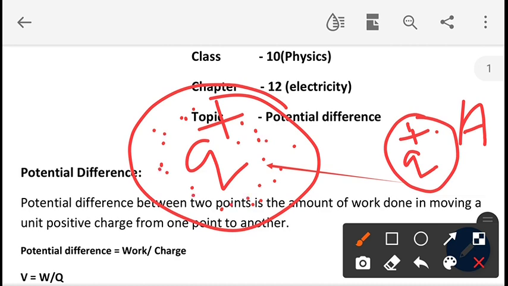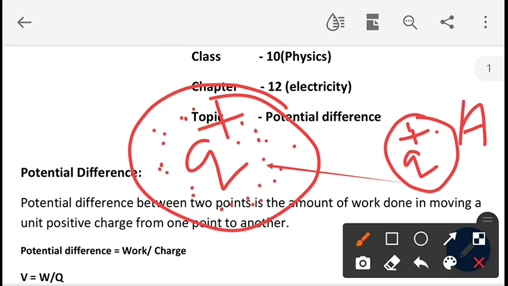This work is called potential at a point inside the circle. The more you push the charge inside the circle, the more work you have to do, and in this way the battery will have to do more work. I hope you have understood it.